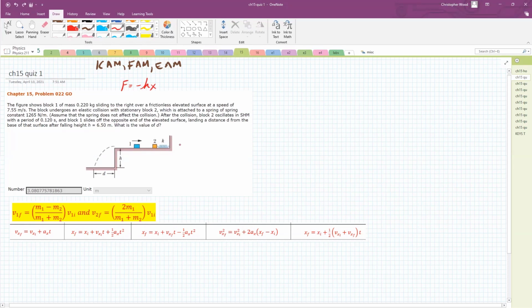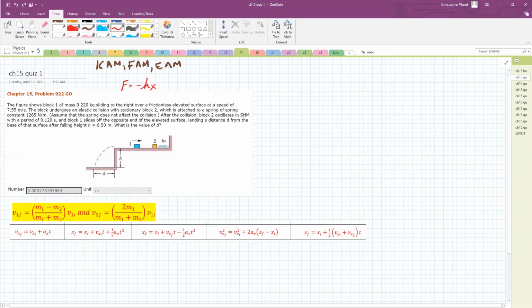So block 2 is just oscillating back and forth, undergoing simple harmonic motion. We would refer to block 2 as a simple harmonic oscillator. The block undergoes an elastic collision with a stationary block 2. Oh, so I guess block 2 is bouncing back and forth only after the collision happens. So a little clarification there.